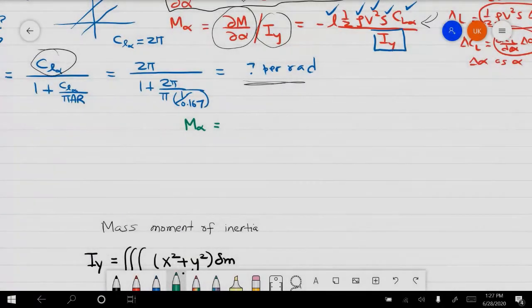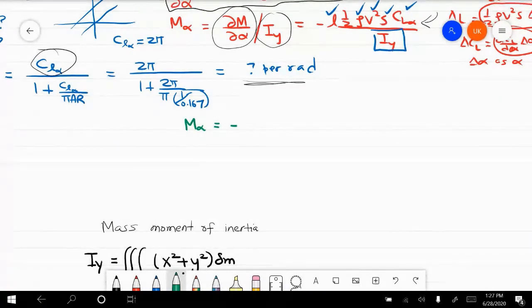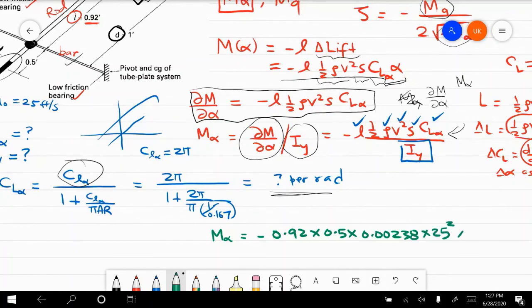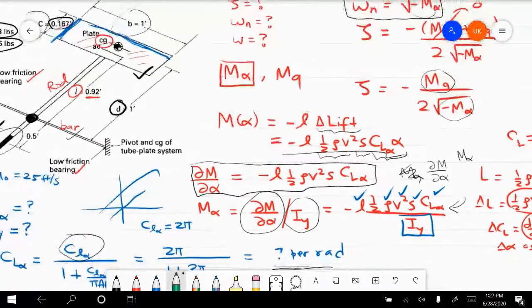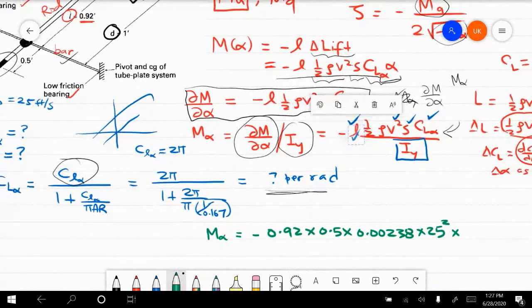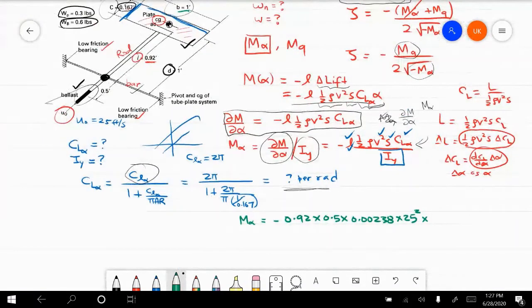M alpha is equal to minus L. L is 0.92 feet, times half times the density 0.00238, times the speed, which is 25 squared, times the area of the plate, which is 0.167 times 1, times CL alpha.